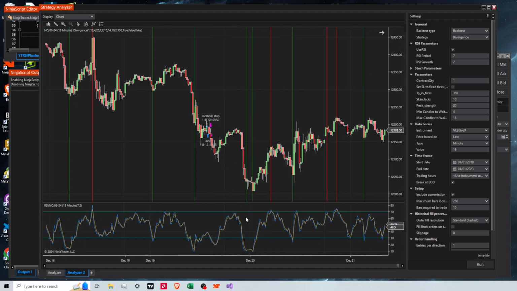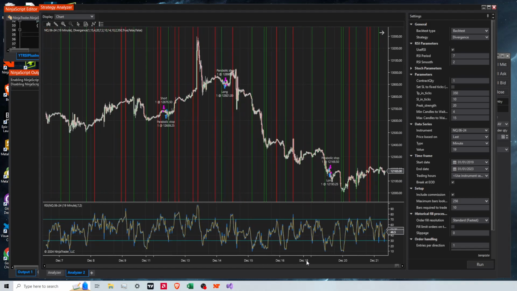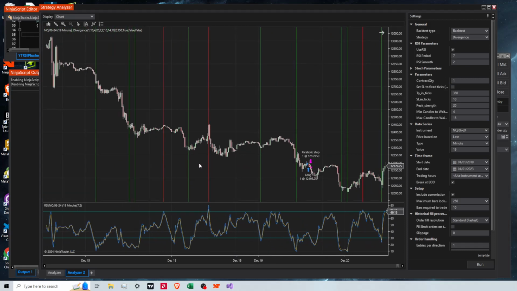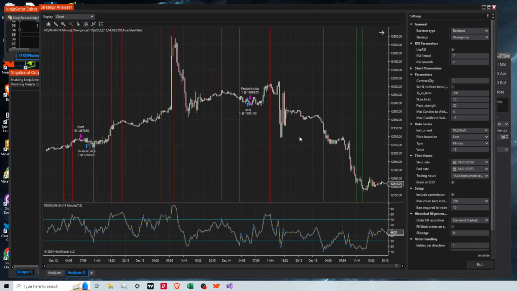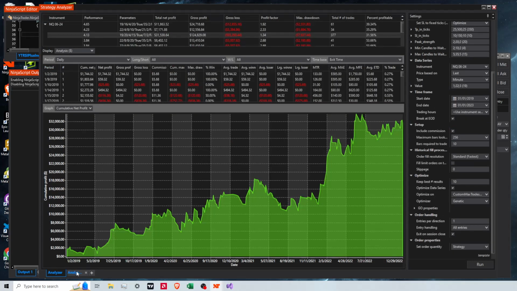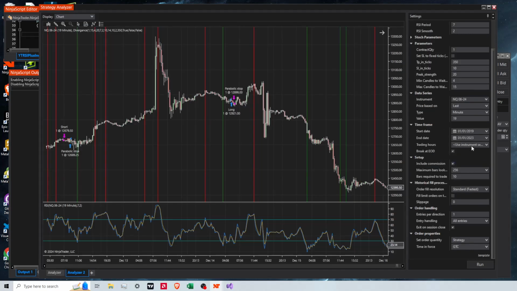I will actually probably be running these exact parameters on a sim account to see how it does for now. This was the result I got from an optimization, but we can check if it's profitable this year too. So change that to 24, 25.